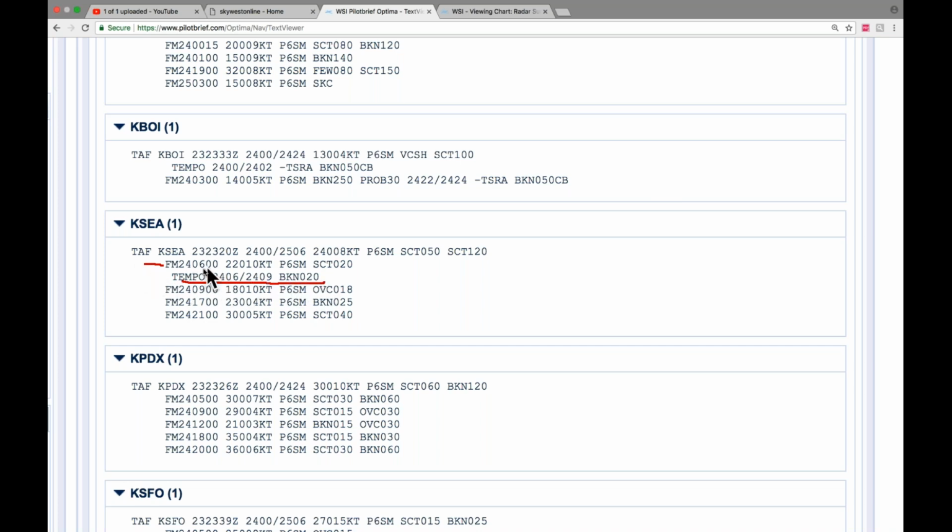You can see that this one does, right? So 06, 09 is our next line. All it's saying is that for a temporary amount of time, this scattered layer is going to turn into a broken layer for a shorter amount of time. Does that make sense?